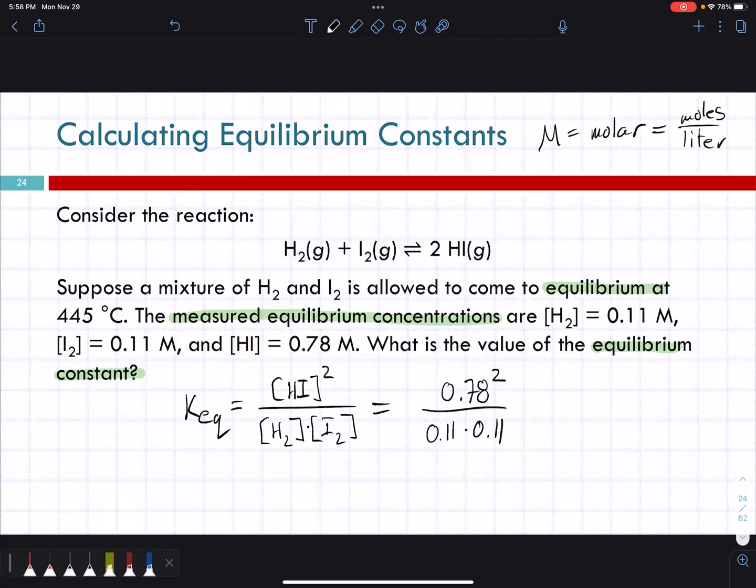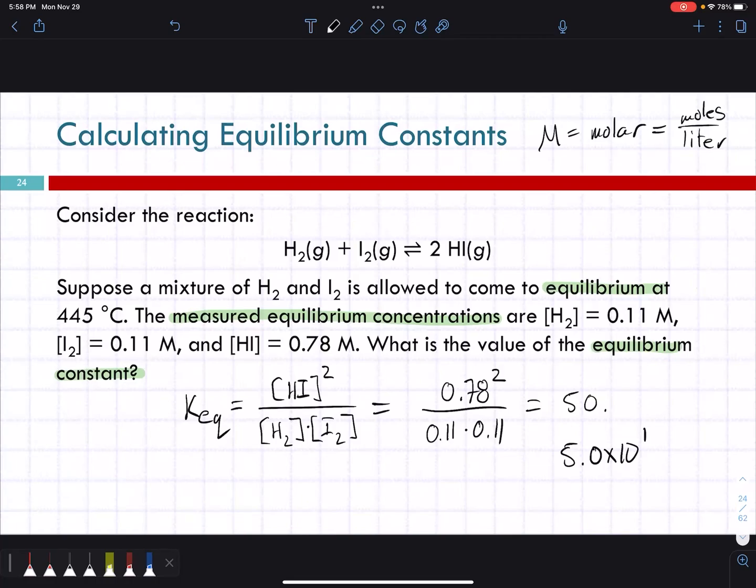So it's going to be 50.3, I guess, two significant figures, so 50. Or it'd be better to write as 5.0 times 10 to the 1.